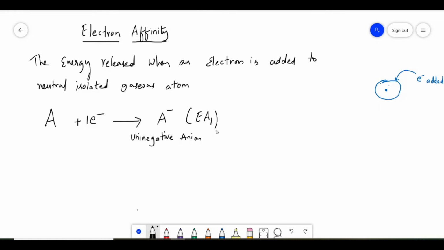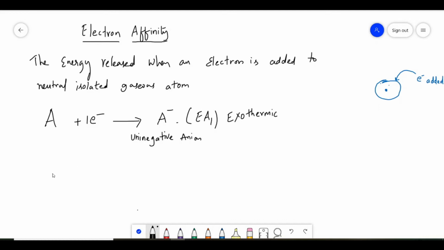Remember, whenever an electron is added, energy is released. So, electron affinity 1 is an exothermic process. Exothermic means heat is liberated.